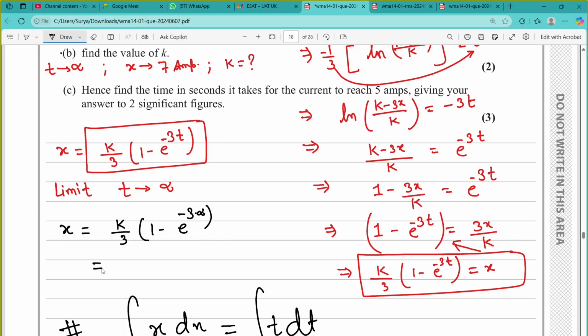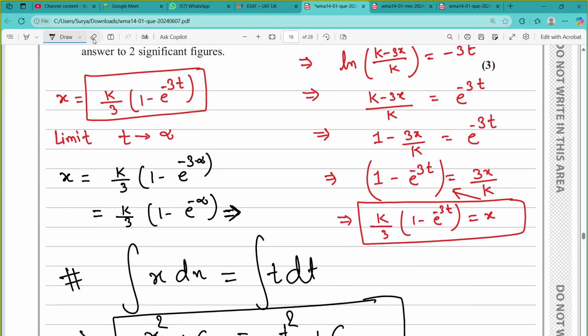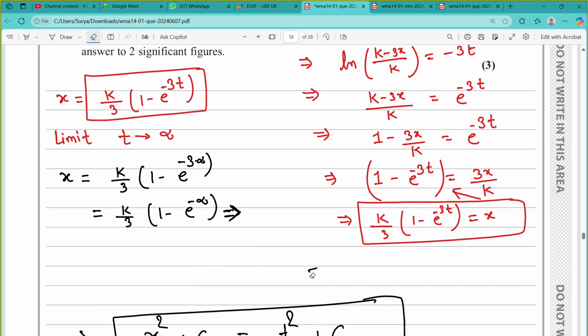So obviously it should be k over 3, 1 minus e raised to power minus infinity. Can you simplify this? Do you know how to find this? Please tell me what this limiting value should be.